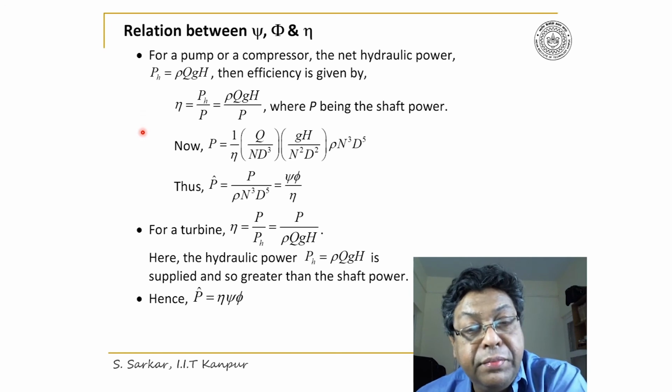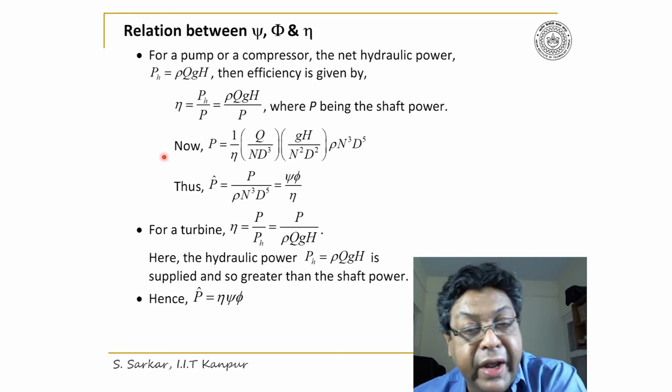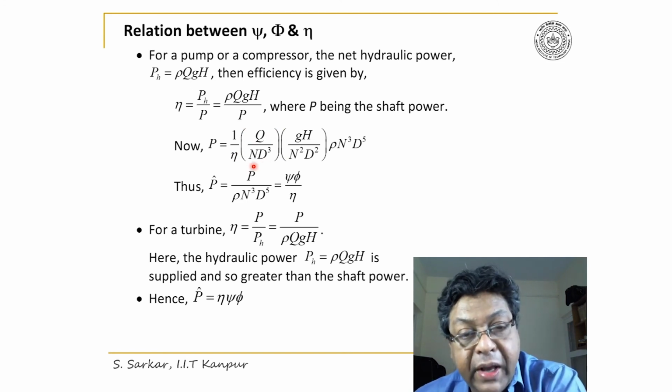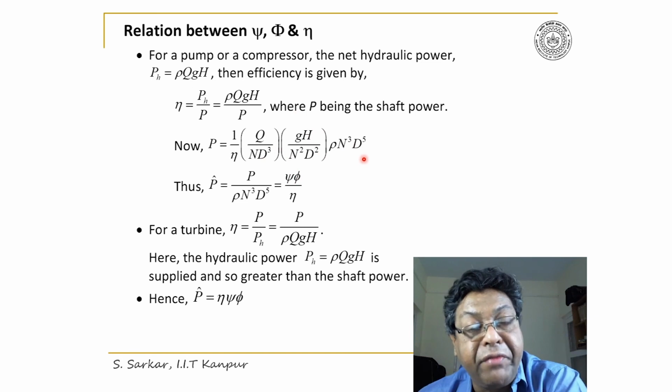So now through some algebraic manipulation I have written P equal to 1 by eta, within the bracket Q divided by N D cubed, again another bracket gH divided by N squared D squared, and then multiplied by rho N cubed D to the power 5.